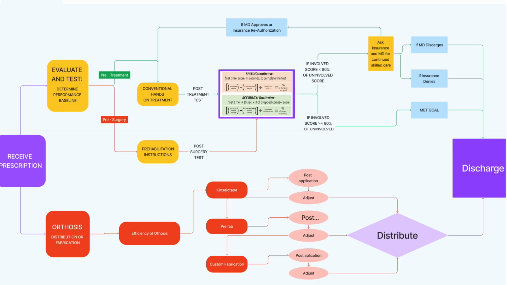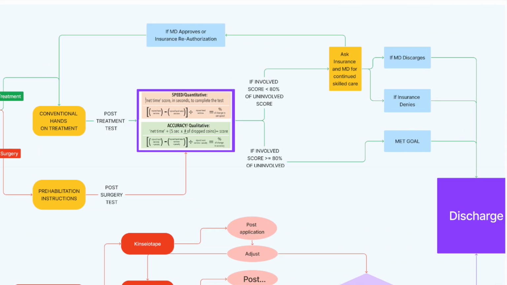The patient is then provided conventional hands-on therapy, and in a couple of weeks, the Corbett Targeted Coin Test is repeated. The percentage of change in scores is calculated and analyzed. If it is determined that the patient has a score equal to or greater than 80% of the unaffected hand baseline score, then recovery of essential in-hand manipulation goal has been met, and the patient is preparing for discharge.